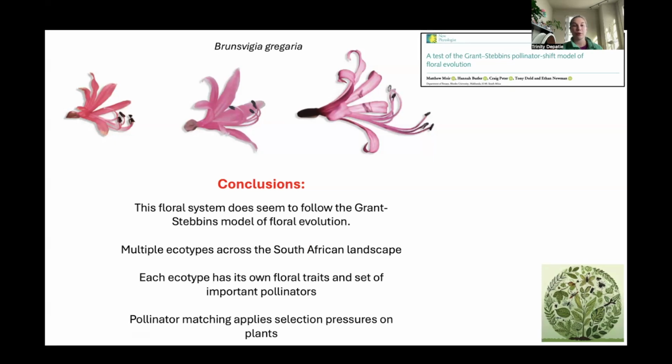And each of these three different ecotypes has its own set of floral traits as well as its own set of important pollinators. And the pollinator matching between the pollinator body size as well as the style length for each of those ecotypes allows for the application of selection pressures on these plants.